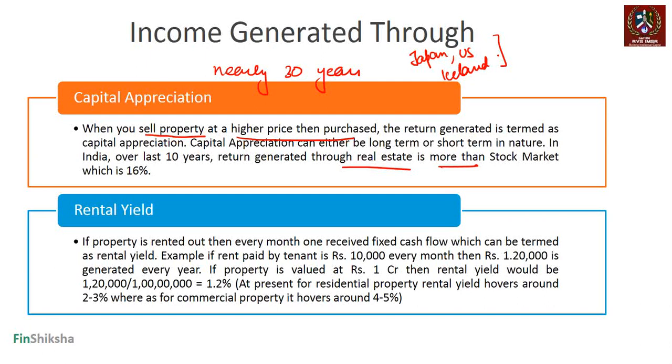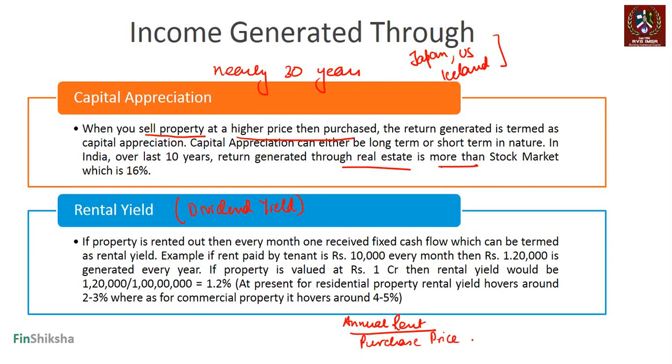Right. The second way, where globally a lot of people invest in real estate, is for something known as rental yield. If you think about rental yield, it is very similar to what is called dividend yield, right? The formula for rental yield is the rent you generate on an annual basis, so what is the annual rent, divided by the purchase price, right?